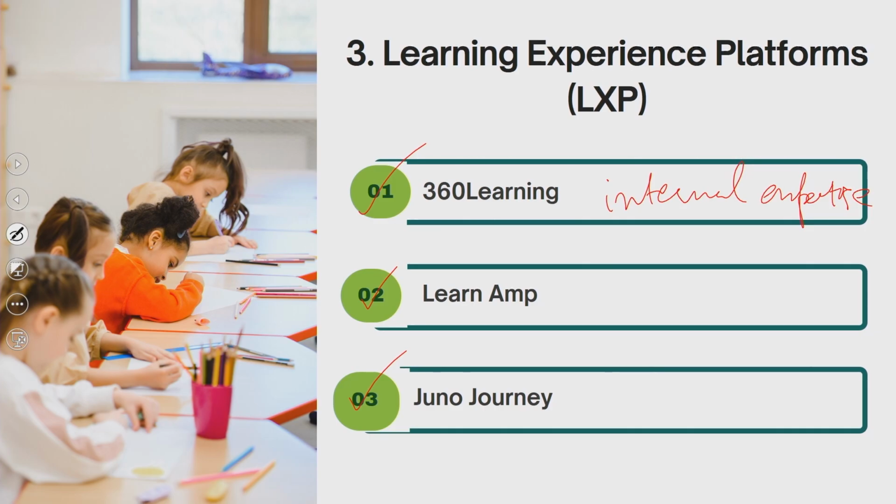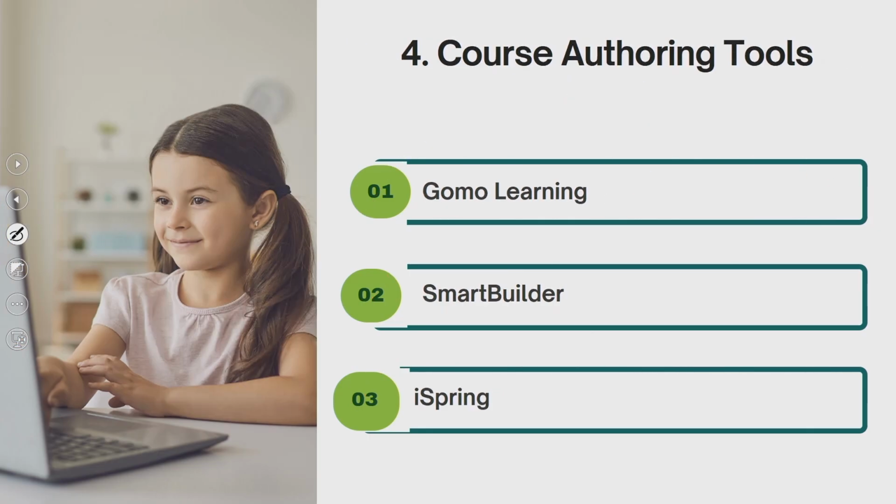And this is vital because every single employee would always be looking into his future, always concerned with his or her career advancement. So Juno Journey is a wonderful learning experience platform in that case. And finally, there is a lot of possibility of collaboration and knowledge sharing through forums and peer interactions in Juno Journey.